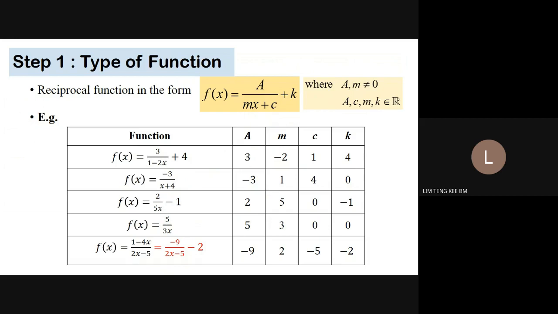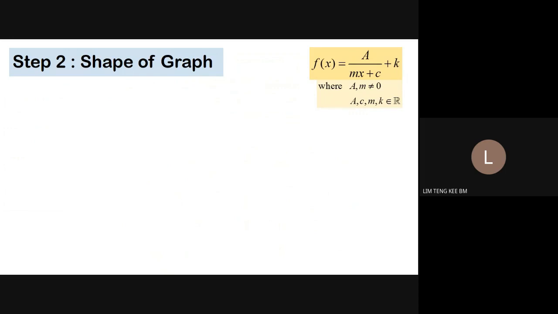So go on. Once we identify the types of function with examples, we go on with step 2, the shape of the graph. In here, to determine the shape of the graph for reciprocal functions, the key is the value of A and m, where you find this happens to be the shape that we have when A divided by m is greater than 0, which is positive.